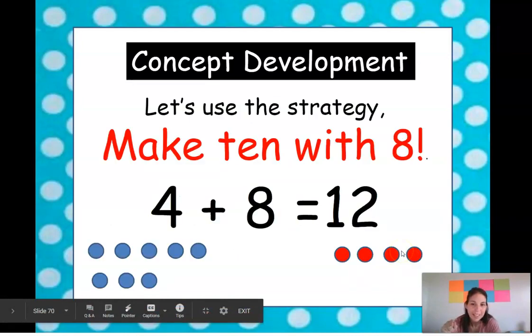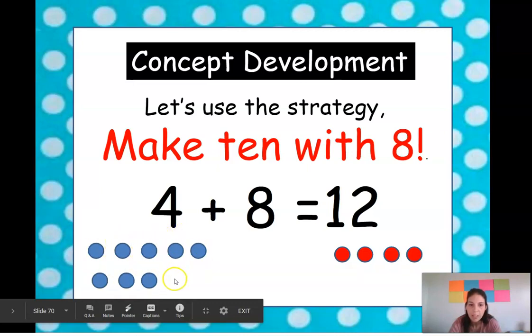Does yours look like this? We have 5, 6, 7, 8. Then we have 1, 2, 3, 4. We're making a 10 with the 8. So how many more do we need over here? 1, 2. The 10 frame makes it really easy to see how many more we need because when the 10 frame is all filled in, there are 10 in here.